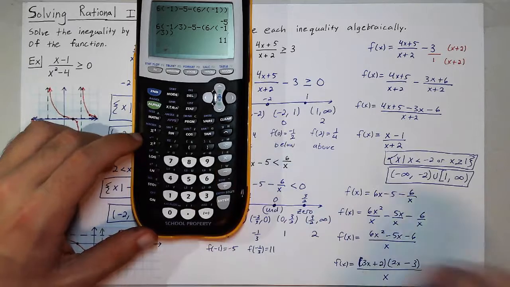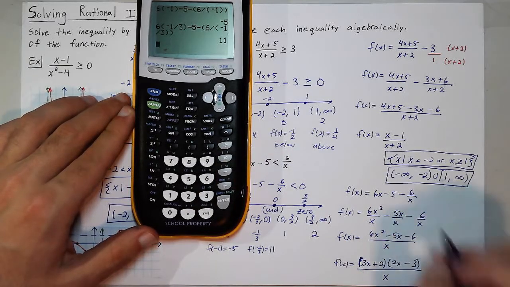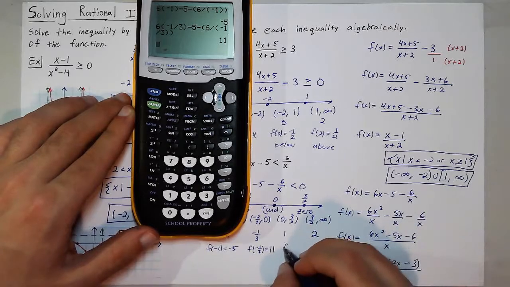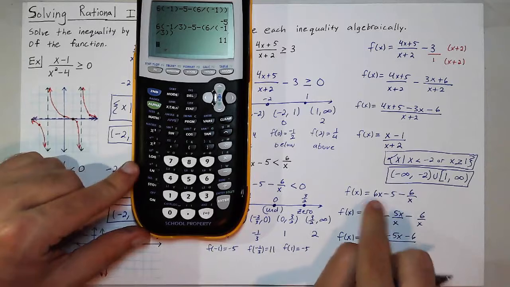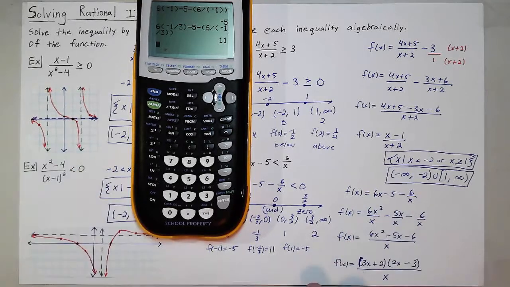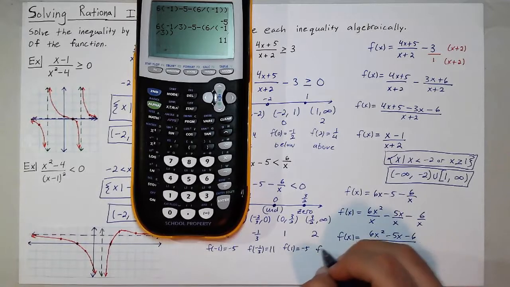Then plug in 1, which would be 6 minus 5 minus 6, because that's just 1. So that'll give me f of 1 is negative 5. Then f of 2 would be 12 minus 5, which is 7, minus 6, which is 1.